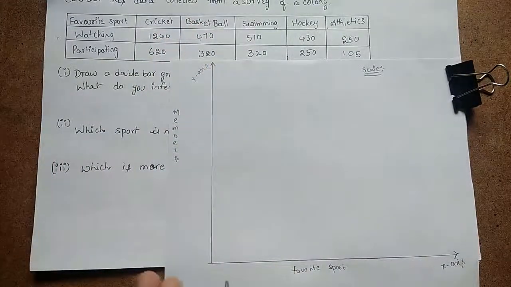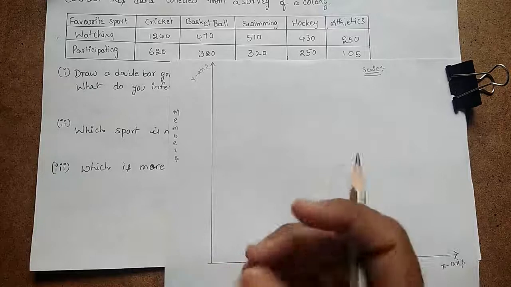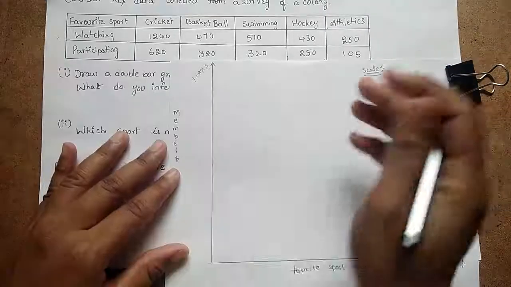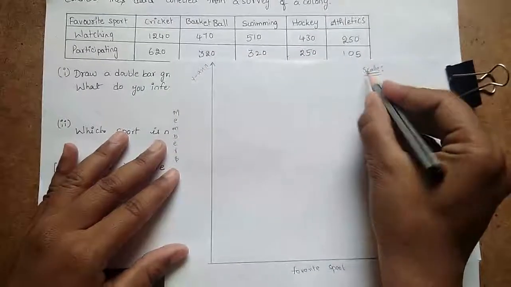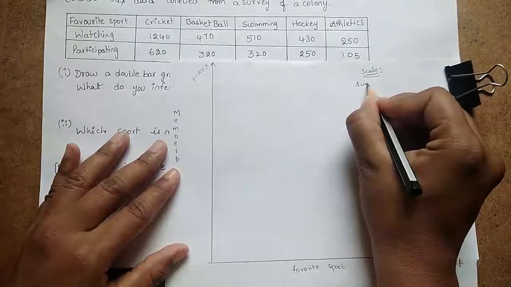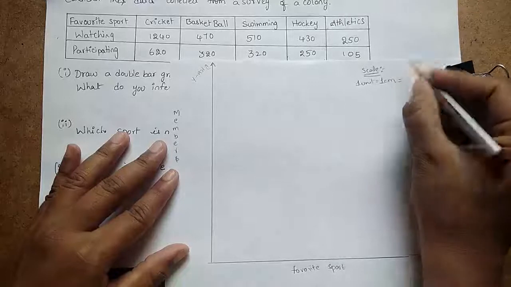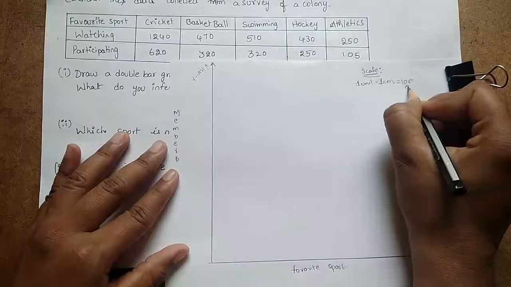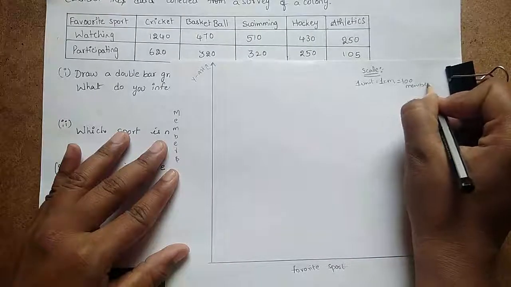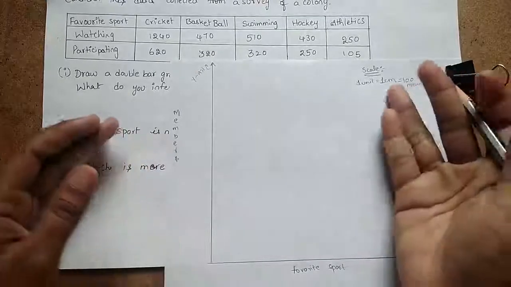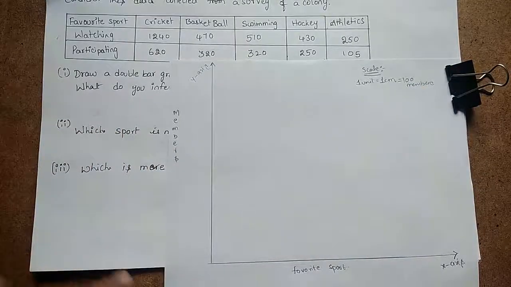So we take 1 centimeter, that is 1 unit, to represent 100 members. If you wish, you can also take 1 centimeter equal to 200 members.